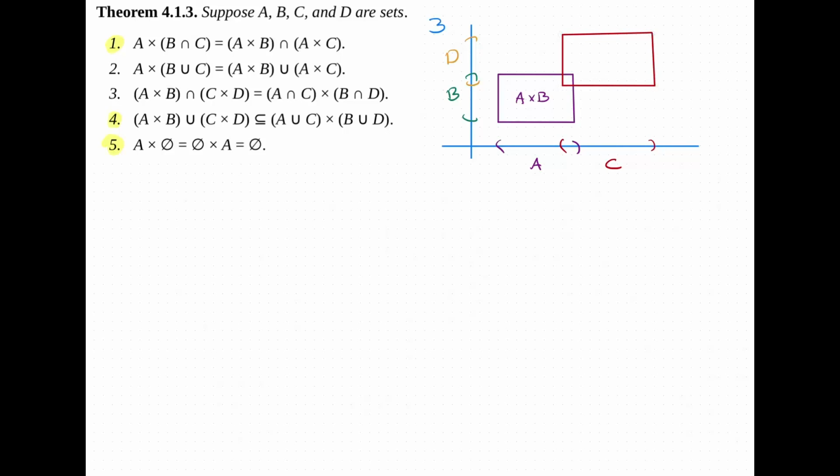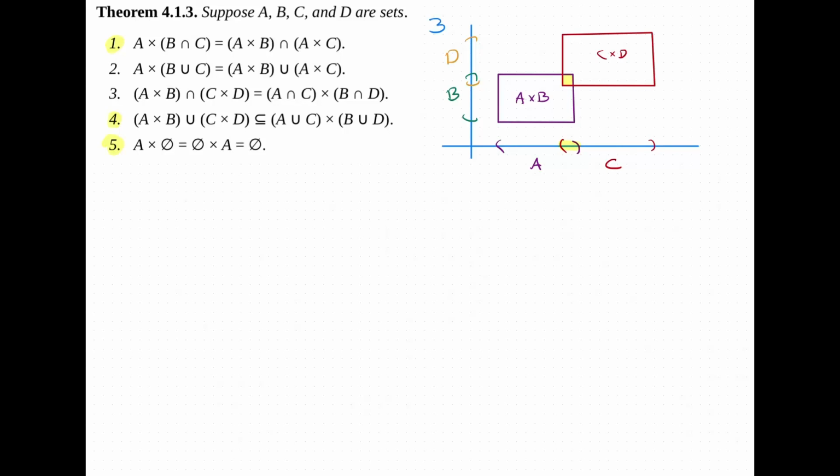And so now this is C cross D. And so what we are looking at for the intersection is this common region that they both share in common. And so that's the intersection of the two. What this is saying is that if we took the Cartesian product of A and C, and so if we took the intersection of A and C, we're only looking at this portion right there.